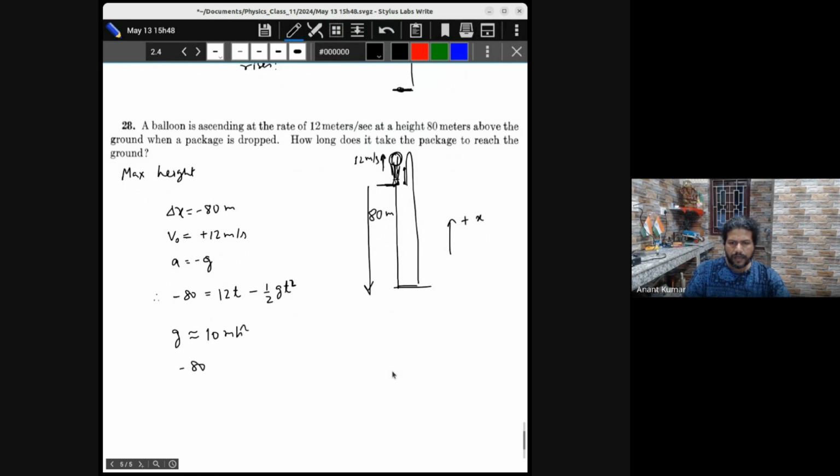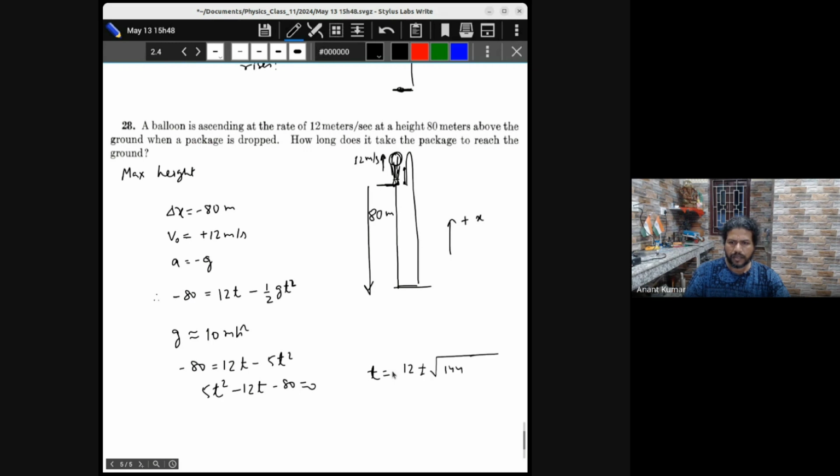That gives us minus 80 is 12t minus 5t square, giving us 5t square minus 12t minus 80 equal to 0. That gives a time as, we can apply the Acharya formula.